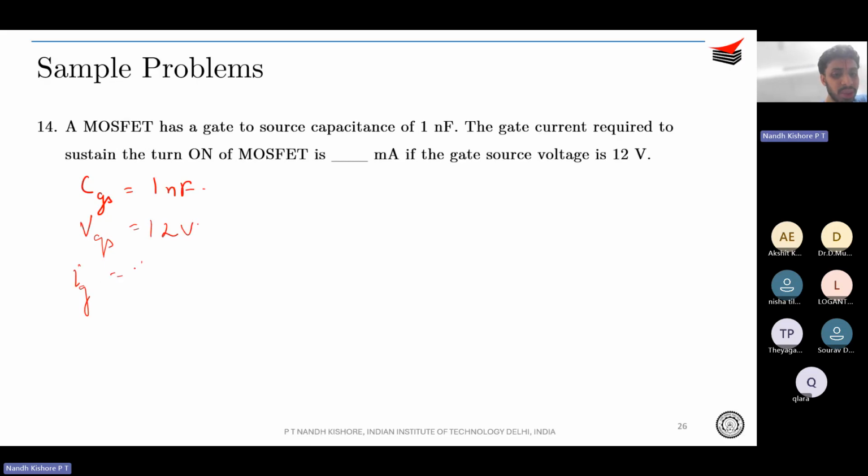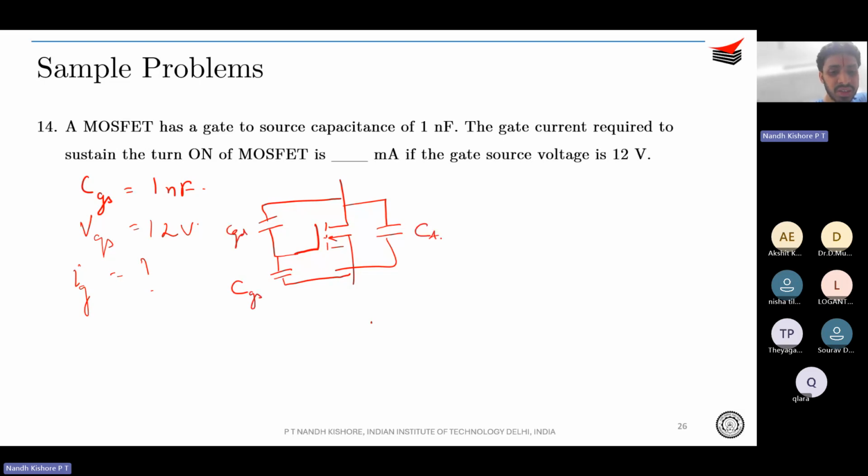What is the IG? First of all, as we were talking earlier, a MOSFET is something like this. You have a capacitance over here, over here, and over here: CGS, CGD, CDS. And externally, you feed in through a gate resistance the pulse, right?